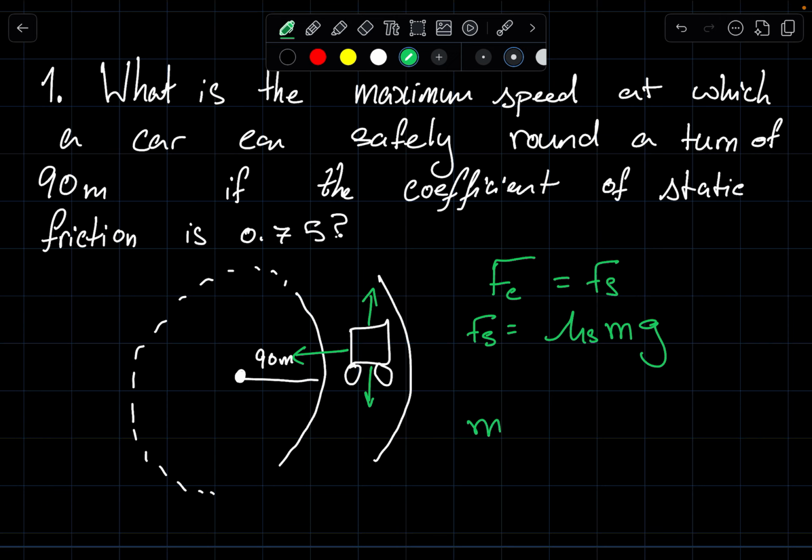So we have Fc equals mac, right? Which equals mv squared over r, since that's what centripetal acceleration equals.